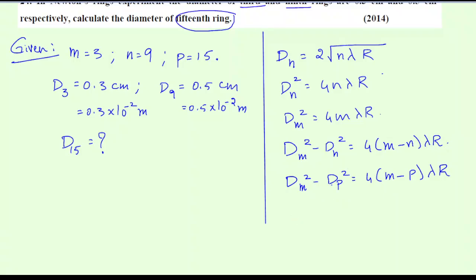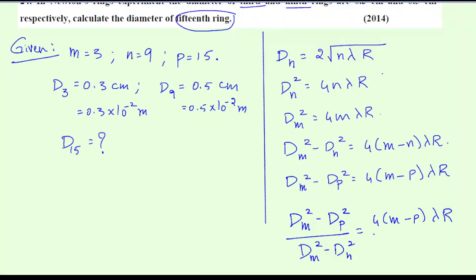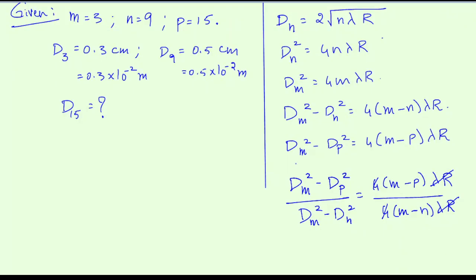Dm square minus Dp square divided by Dm square minus Dn square, we can write that as 4 times m minus p lambda R over 4 times m minus n lambda R. Here we have gotten rid of all these things, and we know Dm, we know Dn, we know m, p and n values, so that we can find out Dp.